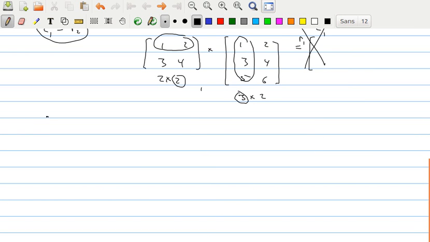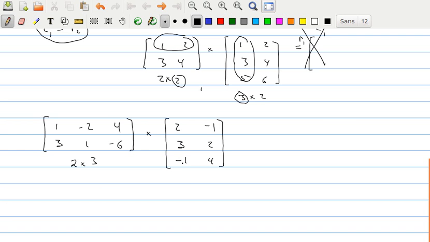Let's say we take the matrix 1, negative 2, 4, 3, 1, negative 6. So this matrix has 2 rows, 3 columns, and let's multiply this by a 3 by 2. Let's say we've got 2, negative 1, 3, 2, negative 1, 4.